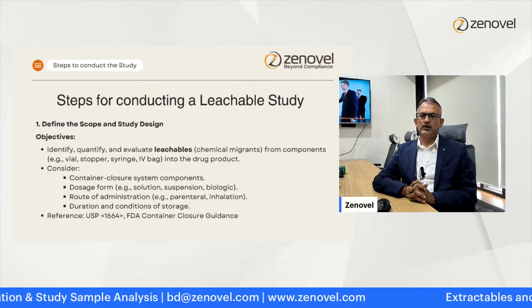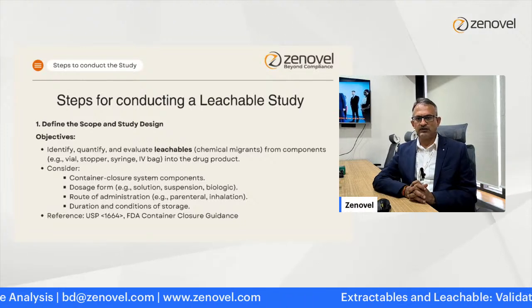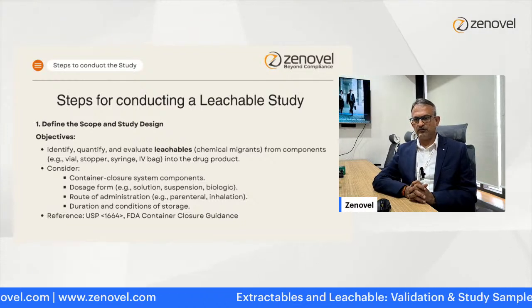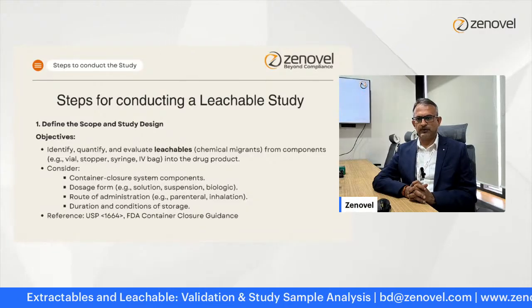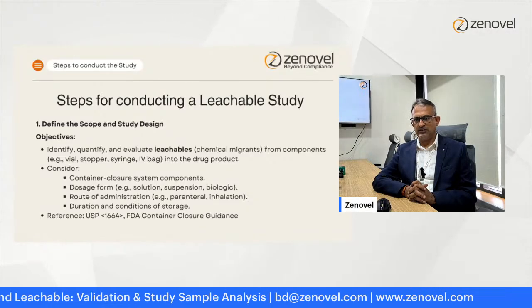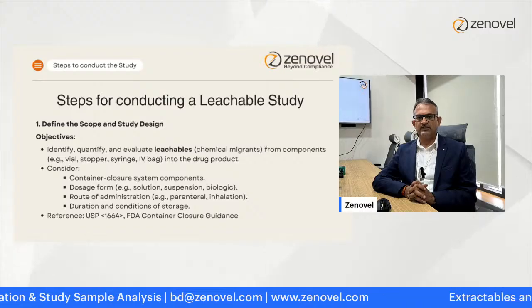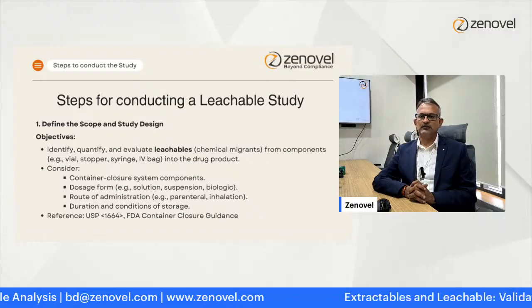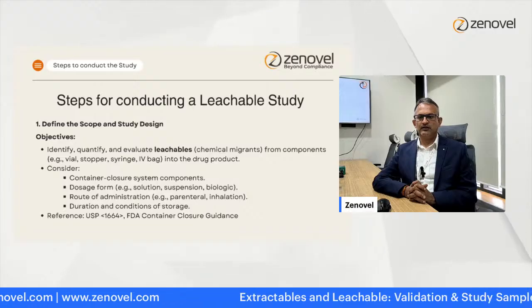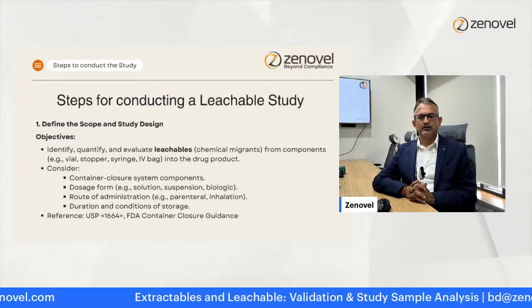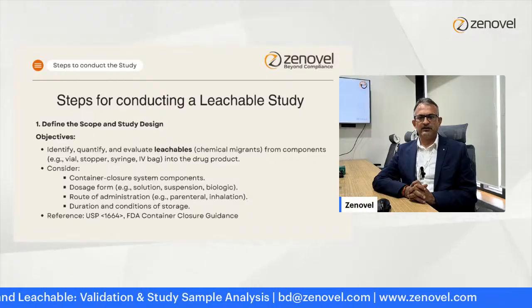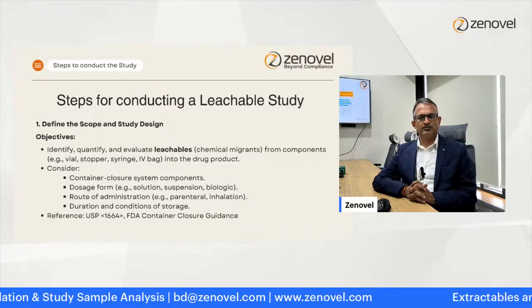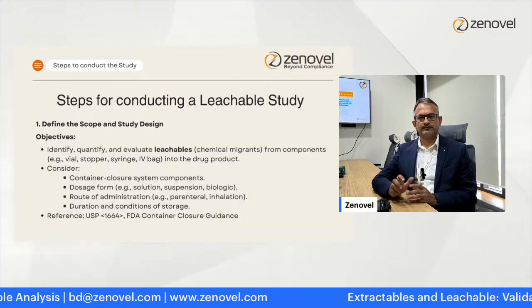For that, we have to look at the container closure system components, its dosage form, for example solutions, suspensions, or biologicals, route of administration, whether it is parenteral or inhalation, and the duration and condition of storage. For that, a reference is available: the FDA container closure guidance and USP chapter 1664.